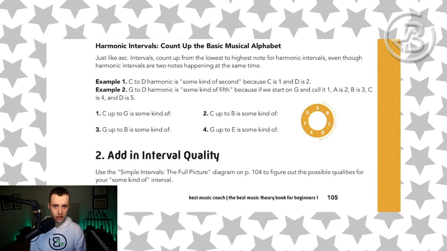Then, if the interval is descending, you'll think about figuring out your some kind of interval from the highest note backwards down the basic musical alphabet to the lowest note. Once you have those two pieces of information, you know the direction of the interval and you know your some kind of distance of the interval, you are ready for the final step to put the whole thing together and to add in the interval quality to calculate the exact interval. I will see you in the next lesson where we will do some of that.